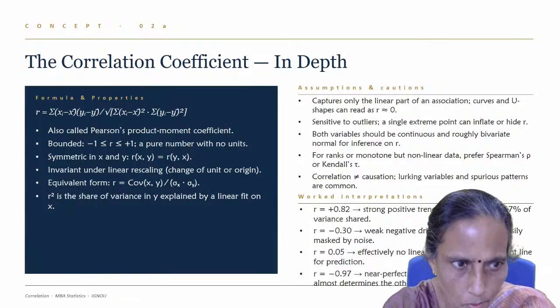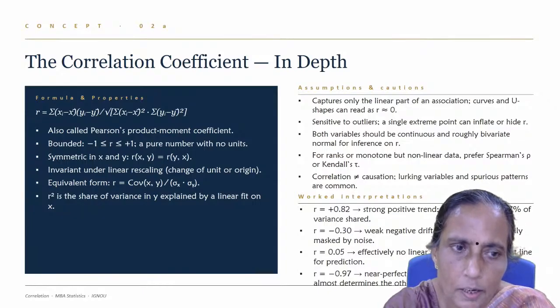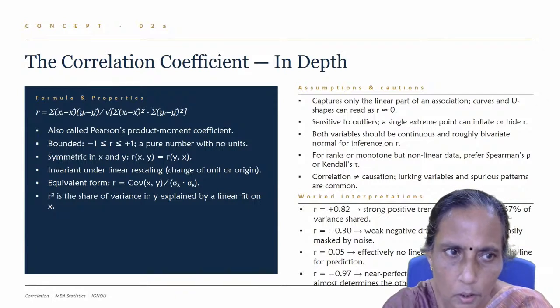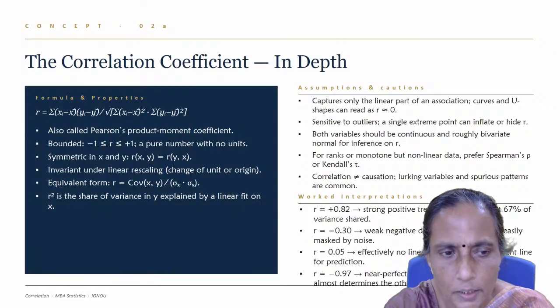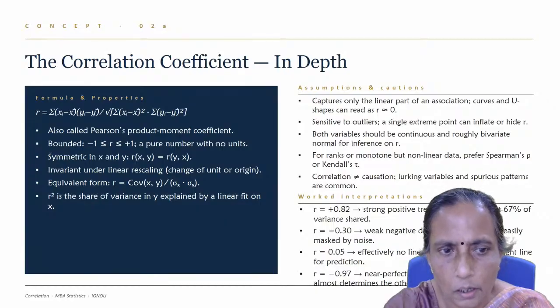It is bounded by minus 1 and plus 1, a pure number with no units. Your correlation coefficient, because it is a ratio, doesn't have any unit. It is symmetric in x and y.